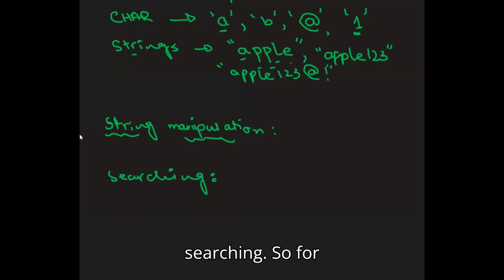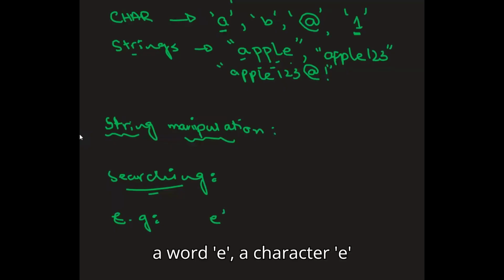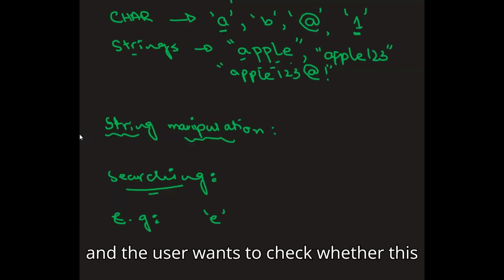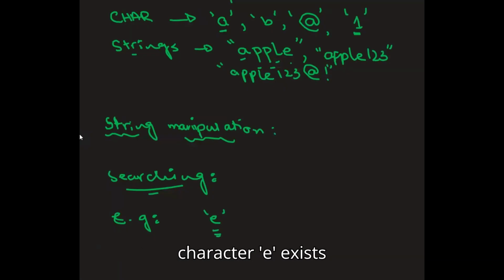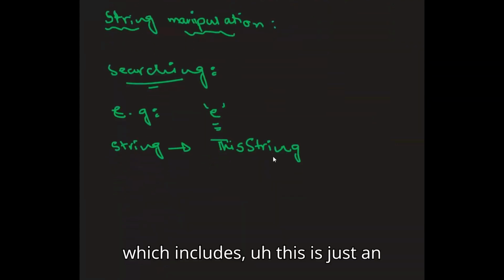For example, the user has entered a character E, and the user wants to check whether this character E exists in the string that is already stored in the variable ThisString.